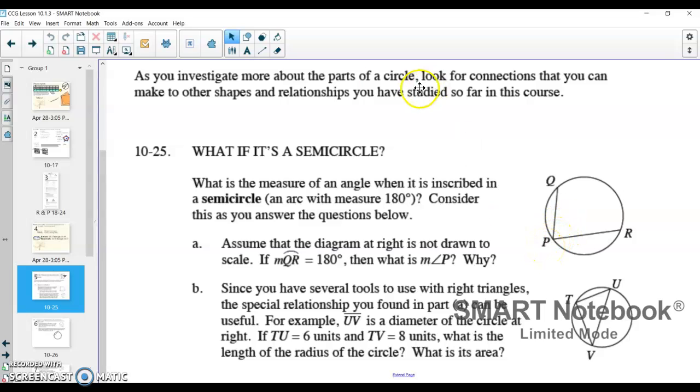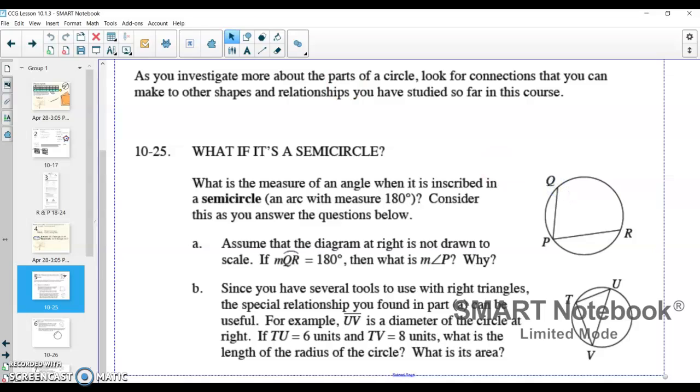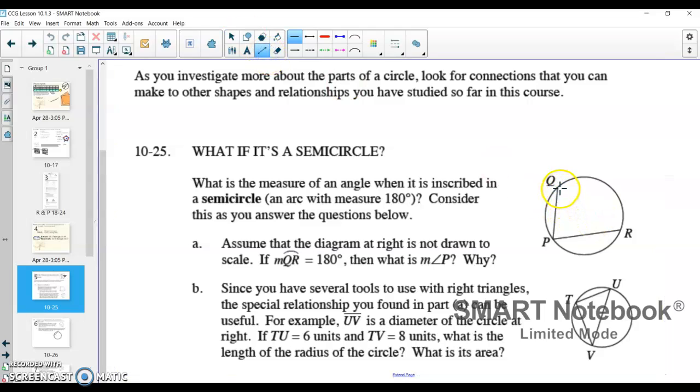Well, this is what we did yesterday for homework. If that arc measure is 180 degrees, that means the central angle is 180 degrees, because the central angle is always the same as the arc measure on the outside.